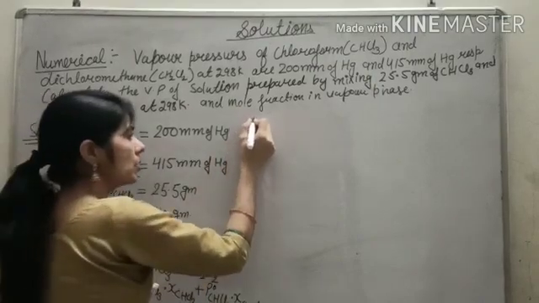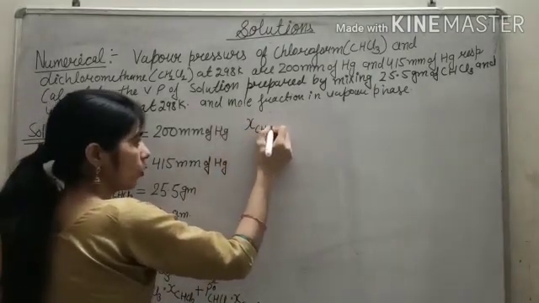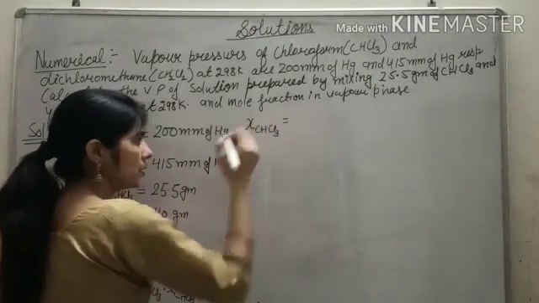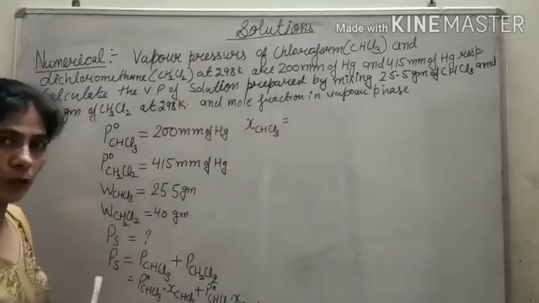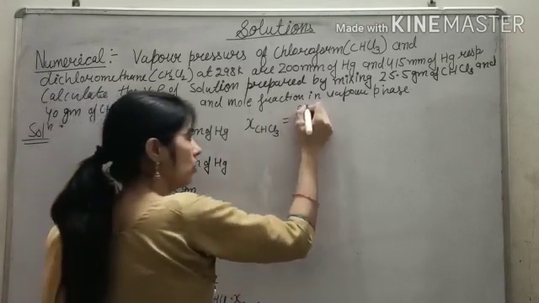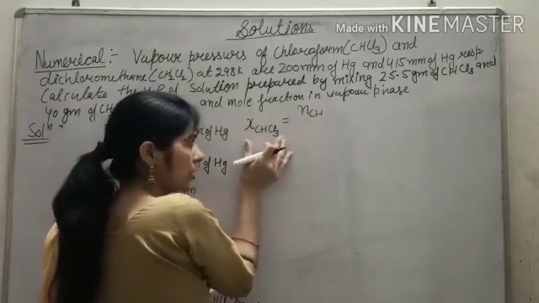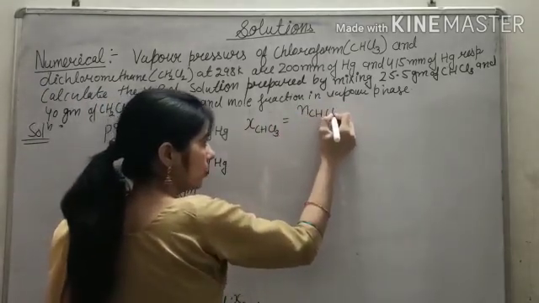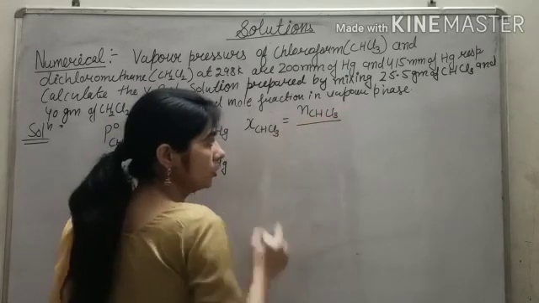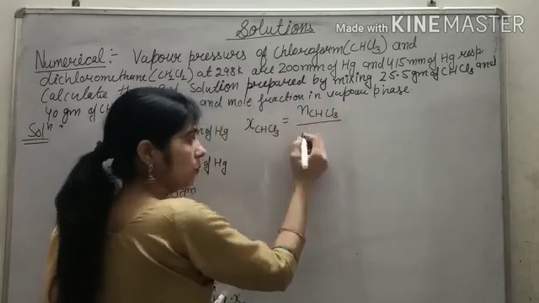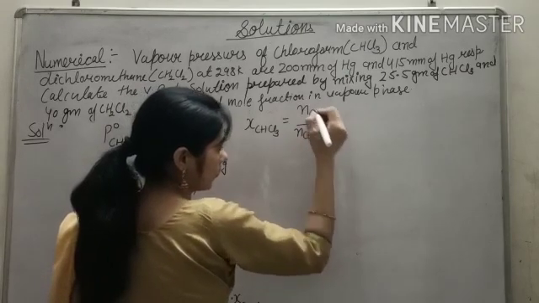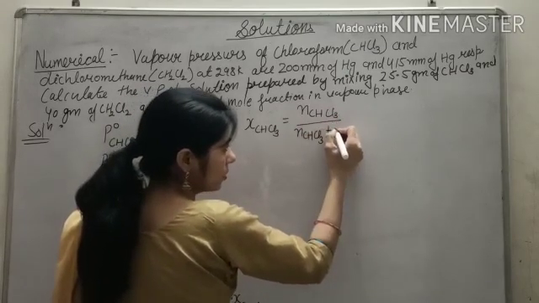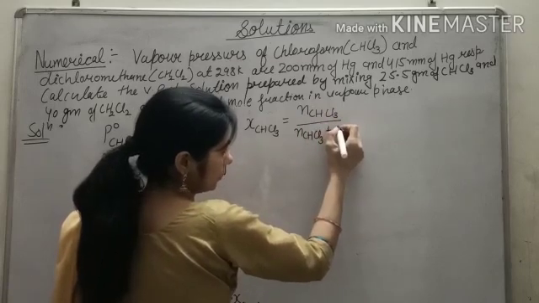As you know, the mole fraction of any component is the ratio of the number of moles of that component to the total number of moles. So the mole fraction of chloroform is equal to the number of moles of chloroform to the total number of moles of the solution.